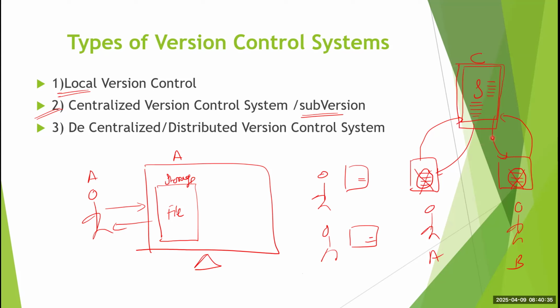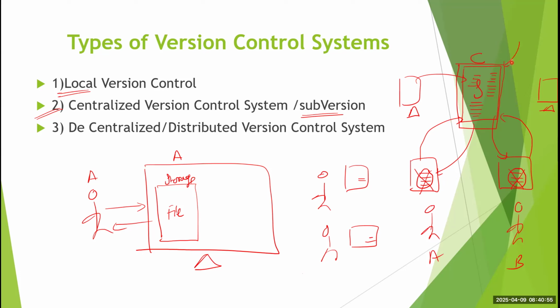Now what is the problem? There is only one server and many people are working with that server, right? Every file you have shared is there on the central server only, not local. But what is the problem in this architecture?